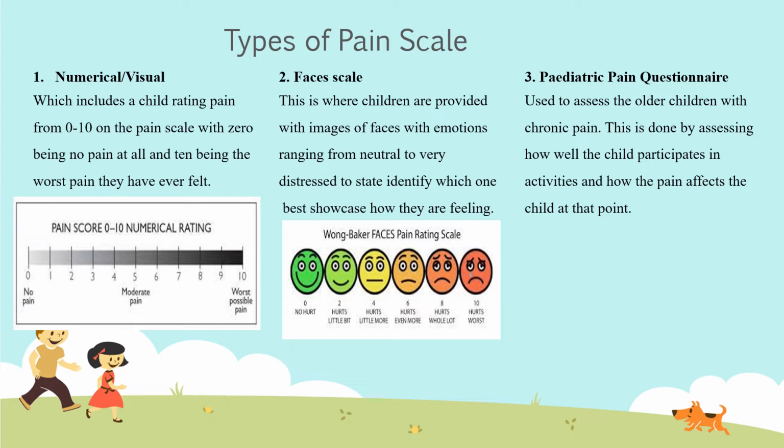The types of pain scale include numerical or visual, which include a child rating pain from 0 to 10 on the pain scale, with 0 being no pain at all and 10 being the worst pain they have ever felt. Here we have the pain scales showing 0 to 10, as well as the Wong-Baker pain scale showing a face in no distress and most distress.